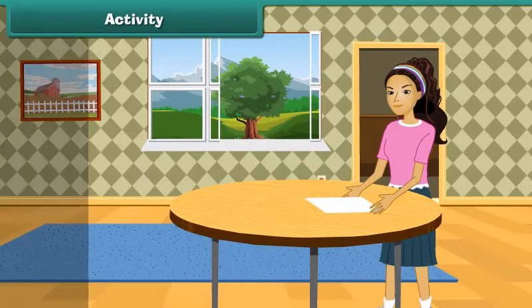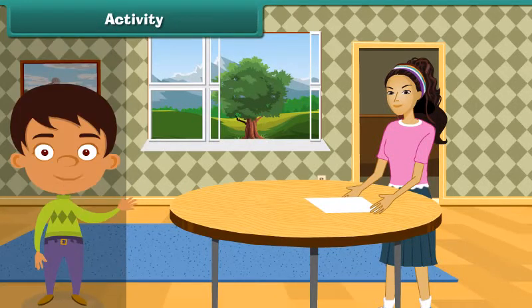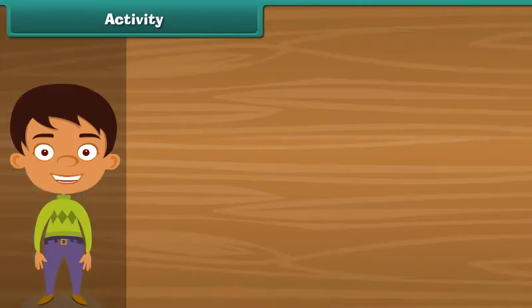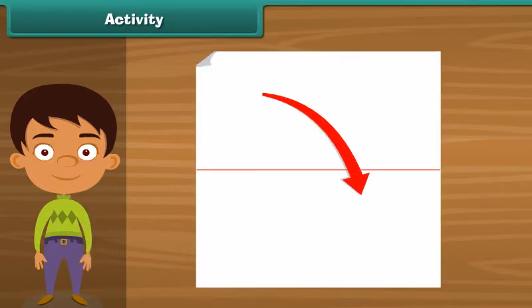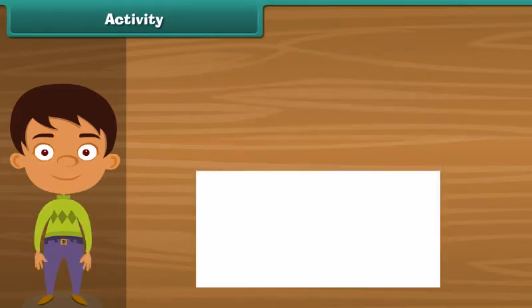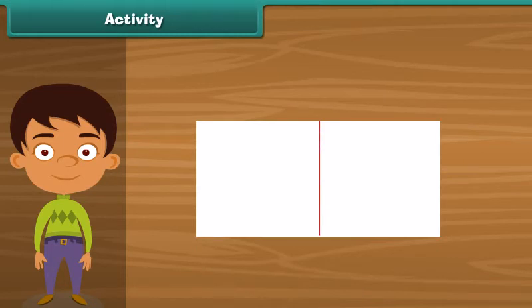Activity. It's Anu's craft assignment and she wants to make a paper hat. Let's learn along with her to make a hat. For this, we take a plain sheet of paper. First, fold down the upper half of the sheet from the red line. Then, unfold it. Now what you see is a line in the middle of the paper, right? Next, we fold both upper triangles on the red lines as shown.